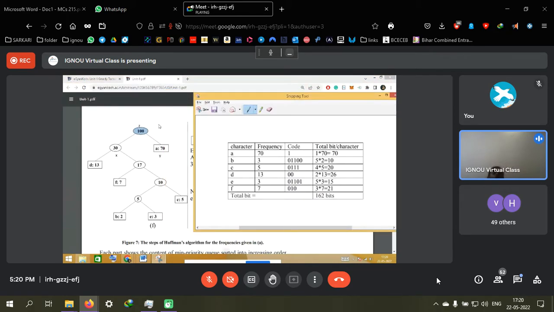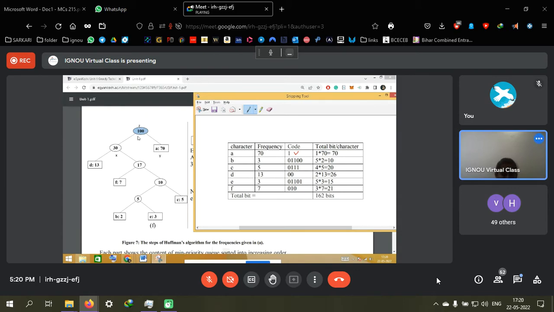For the right, always take 1. For left, take 0. So here is 1. For A, the code is 1. Next, this is 0. Then again write 1, 1, 0, 0. So here is the value 0, 0, 1, 1, 0, 0.